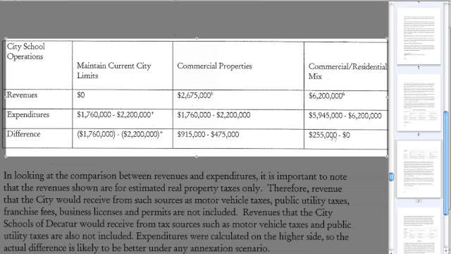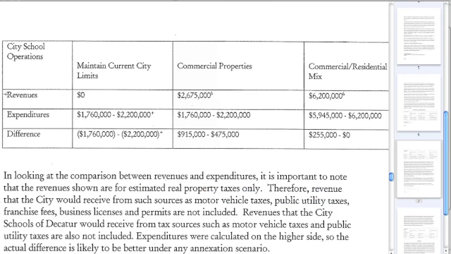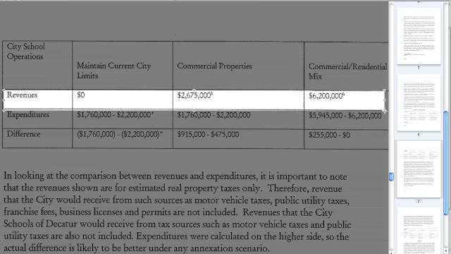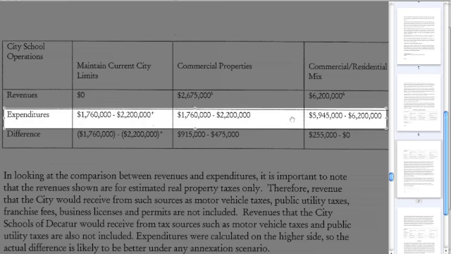All right, so this top line here, revenues, we're told that this is a pretty solid figure. We know what the property values are, we know what the tax rate is, and therefore it's pretty easy to calculate what the revenues would be in these different scenarios. Skipping down to the next line, the expenditures.